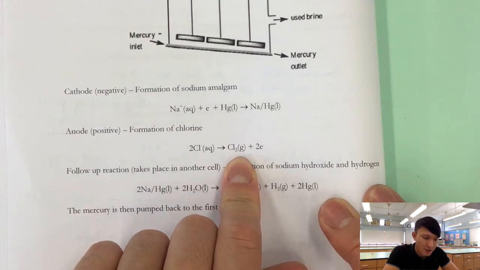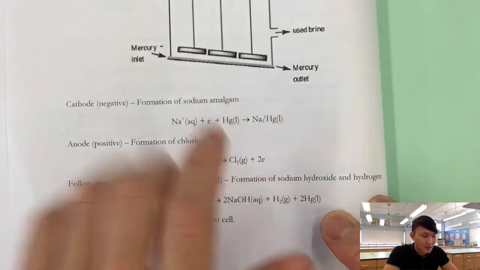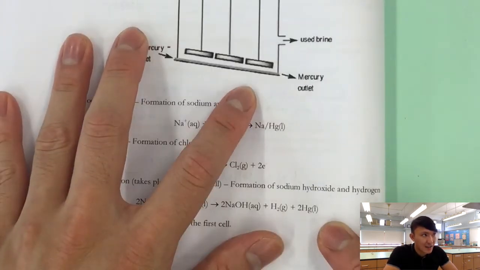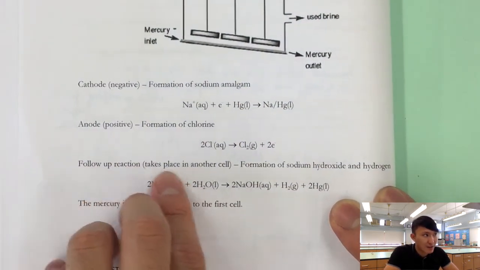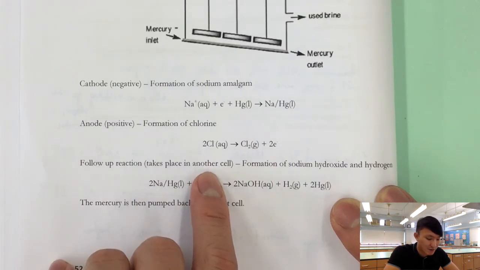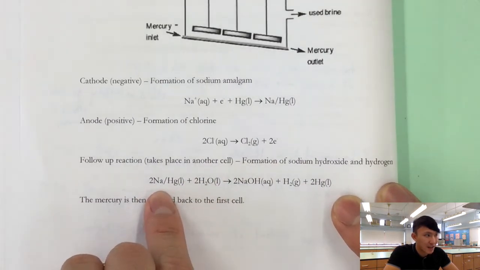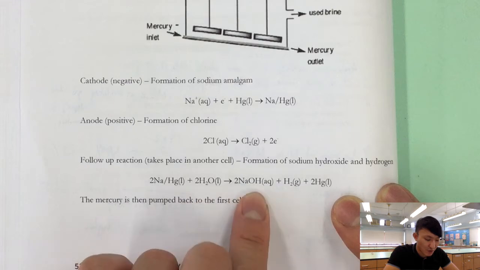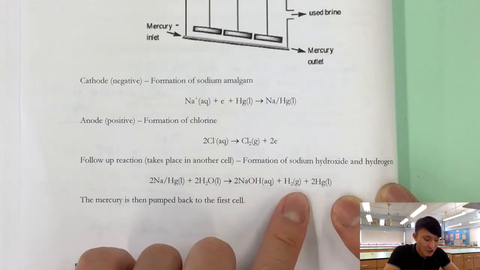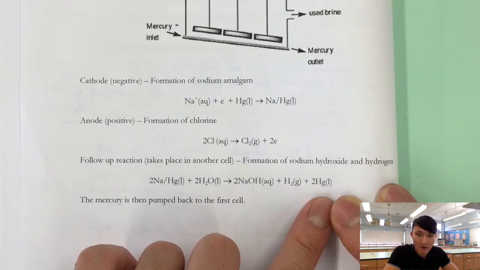But what about hydrogen and sodium hydroxide? In fact, in this flowing mercury cell design, it actually has a separate cell. In this separate cell, the amalgam is allowed to react with water to form sodium hydroxide, hydrogen, and liberating the mercury.